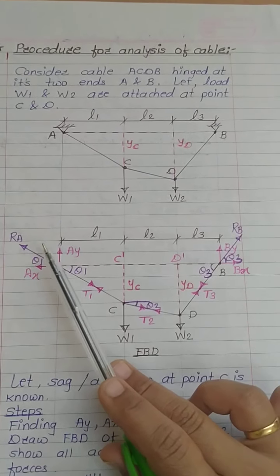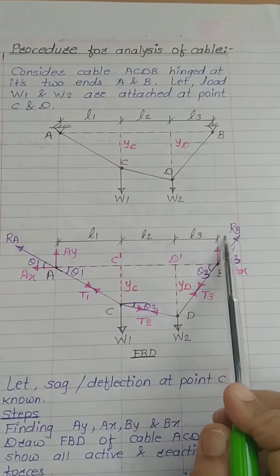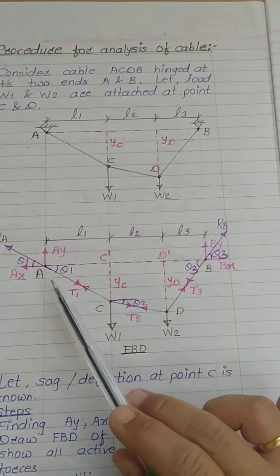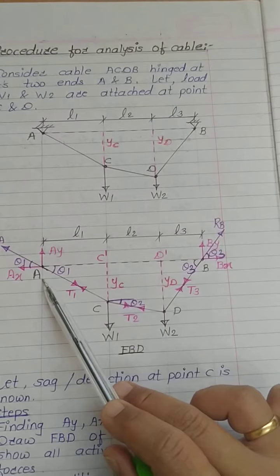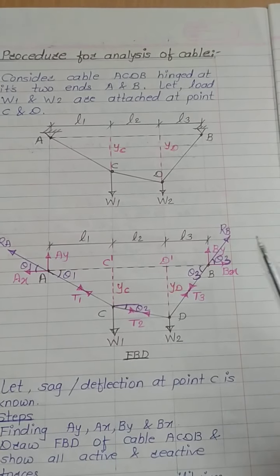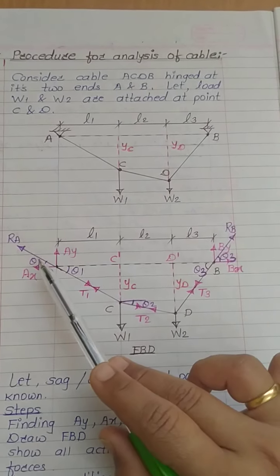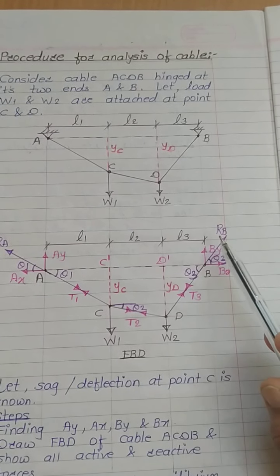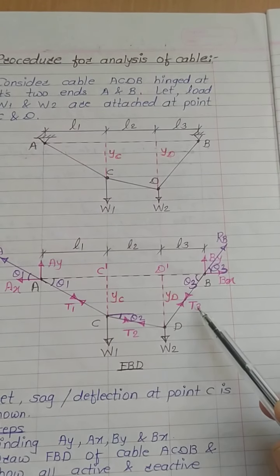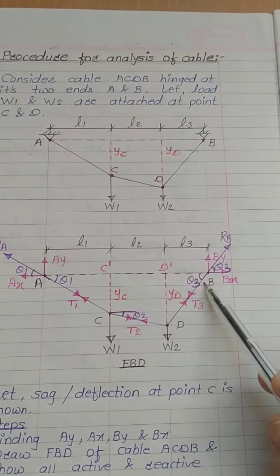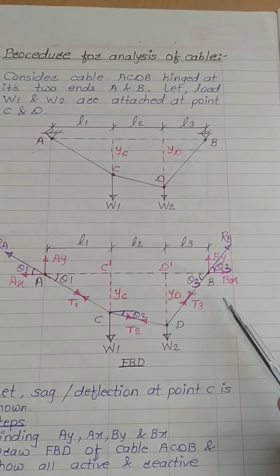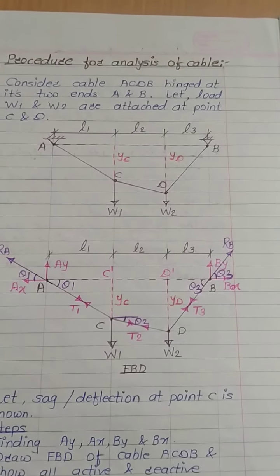In this case, if Ra is greater than Rb, Tmax will equal TAC, which equals Ra. Or if Rb is greater than Ra, then whatever is the value of Rb will equal the tension in part BD, which is T3, equal to Tmax.